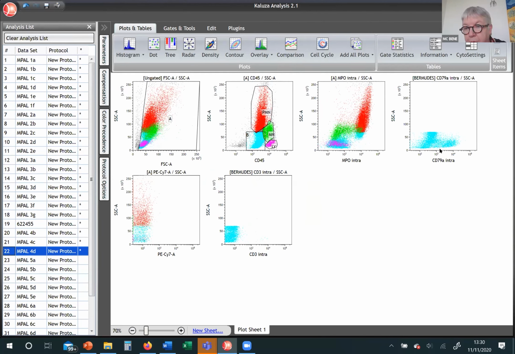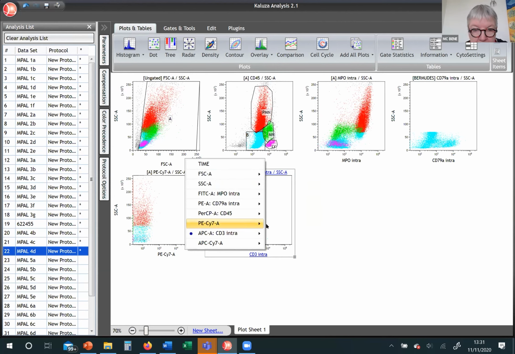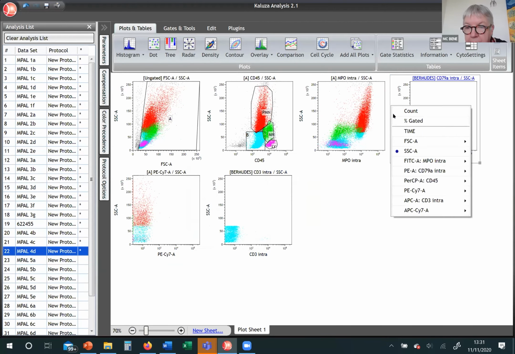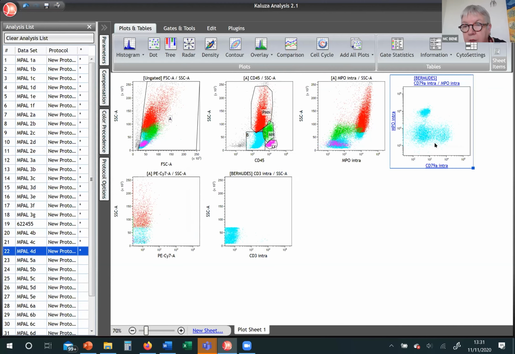I find that this population is also 79A intracytoplasmic, so it still goes with that. And I see that there is some MPO on my population here. There's no CD3, as you see here, and if I do my CD79 versus MPO, I can see this is one part of the population, but you see that the CD79A is only weakly expressing MPO.